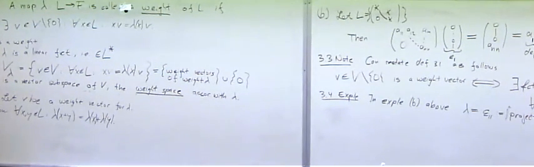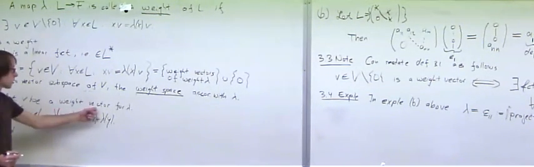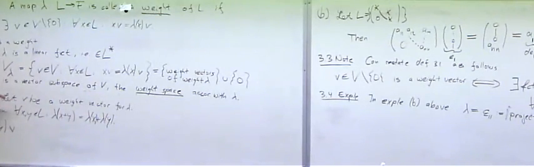So how do we do it? Well, lambda of x plus y is just a scalar element of F, and we multiply it with this chosen weight vector, as we suppose lambda to be a weight.